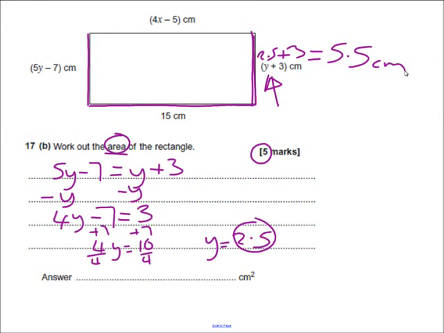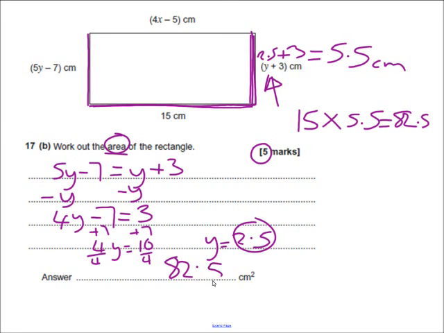And to work out the area of our rectangle, we have to multiply our 15, which is our length here, by our 5.5 from what we've just calculated. Again, using a calculator, 15 times 5.5, and you should have 82.5 centimeters squared. Do not forget to write the answer on the answer line.